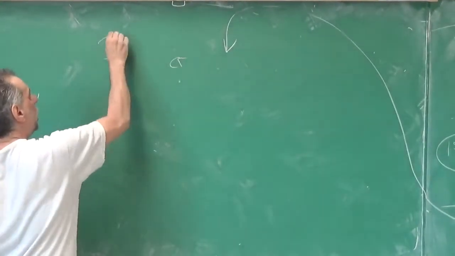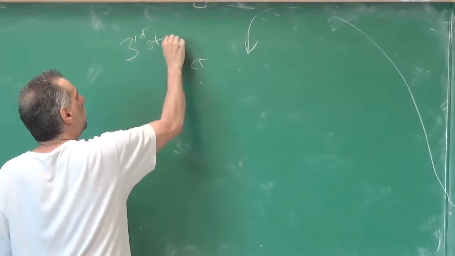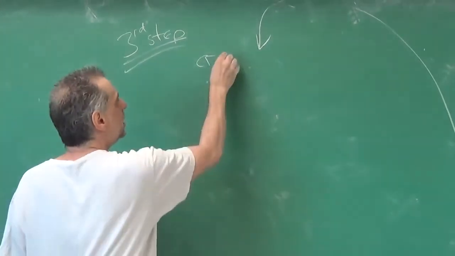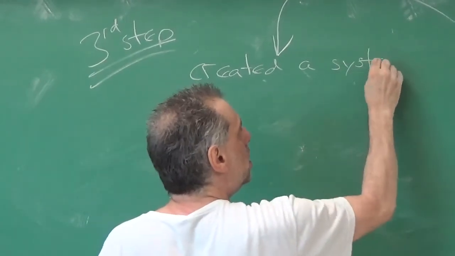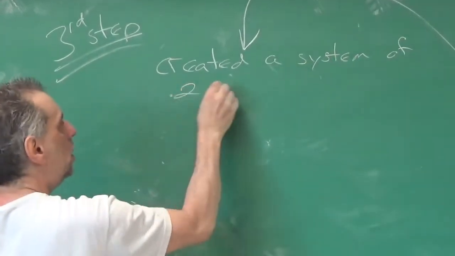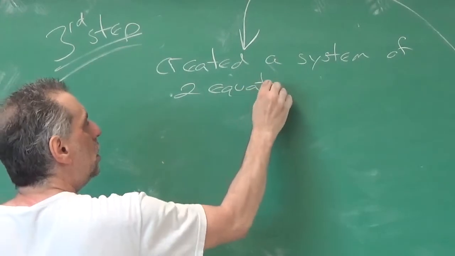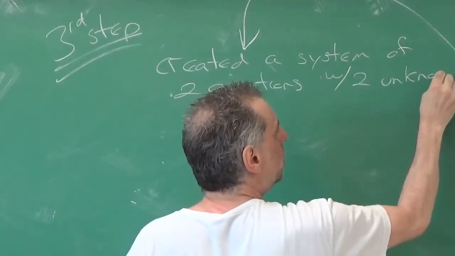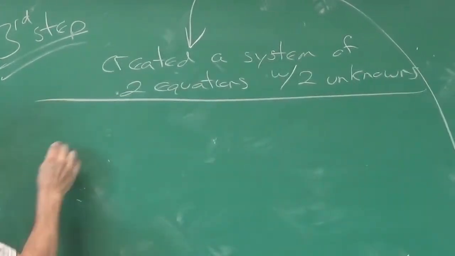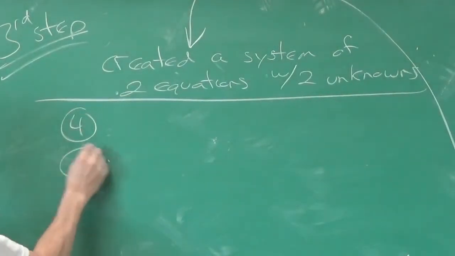Okay, so now we've created a new system. This is the third step. Third step is we've created a system of two equations and two unknowns. Okay, so we'll use those same numbers, 4 and 5.